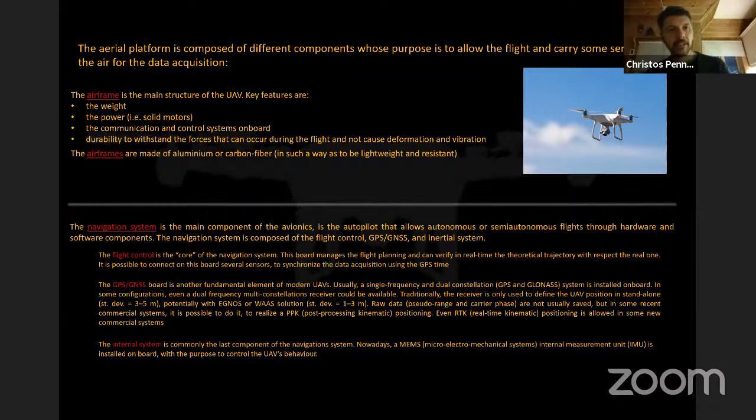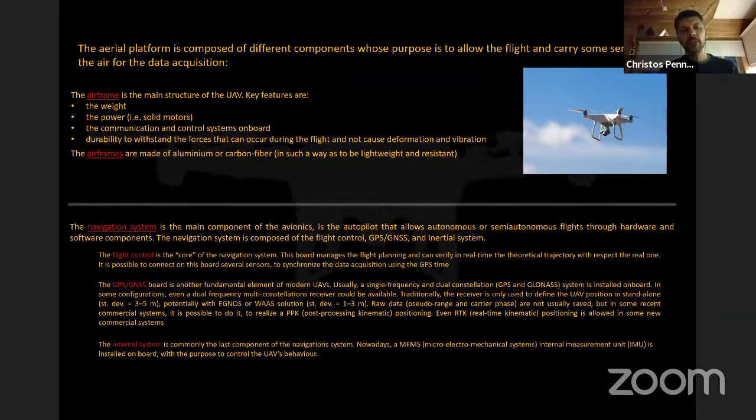building a correct airframe for a drone are the weight, the power, the communication and control systems that we are going to place on board, and the durability to withstand forces that can occur during the flight and not cause deformation and vibration.